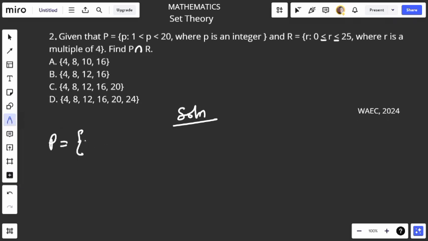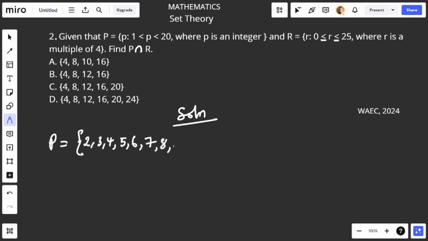So let's list the elements of P. P will start from 2 because 1 is not among them: 2, 3, 4, 5, 6, 7, 8.